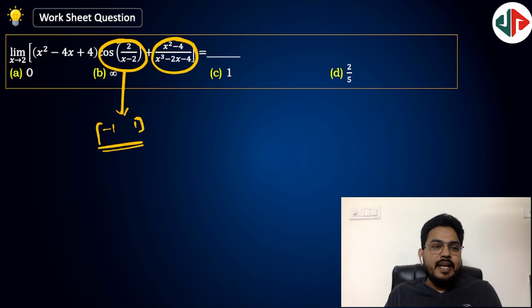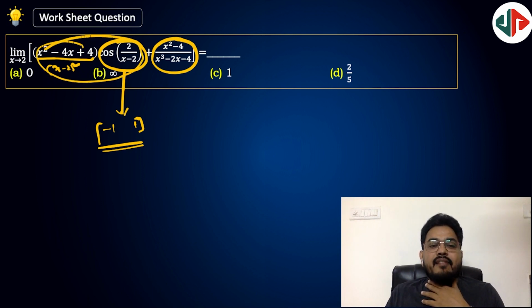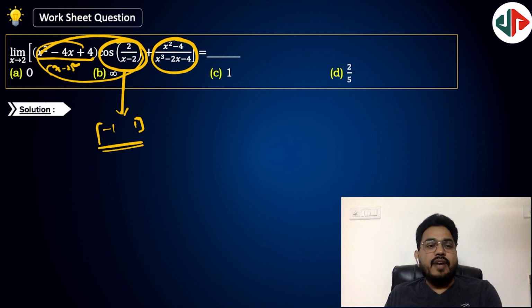But this value will be x minus 2 whole square, so this value is going to be 0 into something. The value will be 0. So finally you will be getting limit x tending to 2, and this value goes to 0.